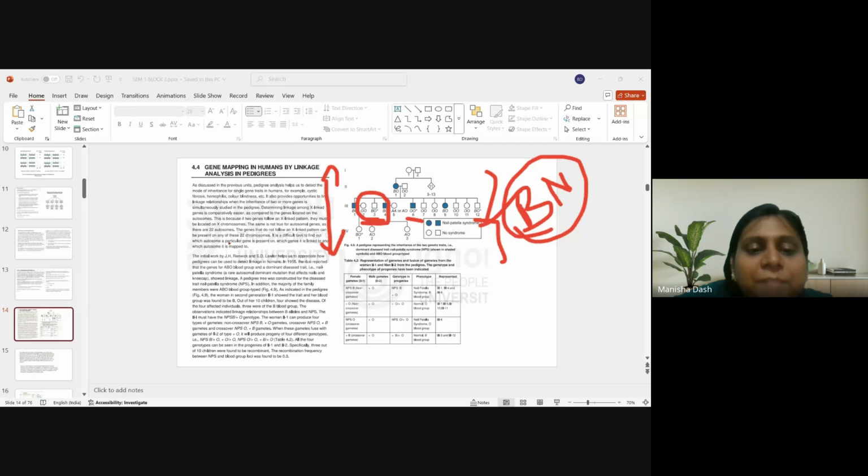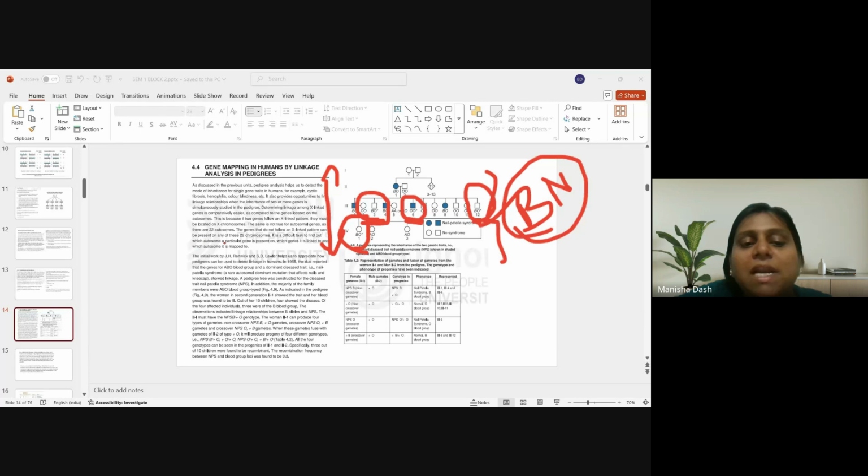Similarly, individual 6 does not have blood group B, but still shows nail patella syndrome. So this is another representation of a recombinant. Similarly, the last case has blood group B but not nail patella syndrome, and in the next generation, this one also has blood group B but not nail patella syndrome.